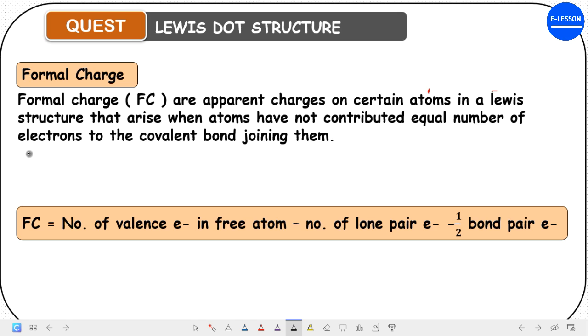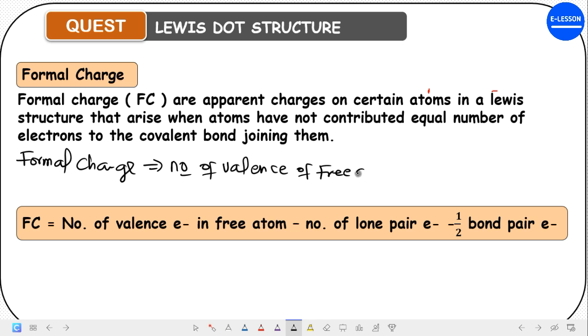Or we can say the formal charge, according to the formula I gave you before, is equal to the number of valence electrons of the free atom, that means before it came into bonding, minus the number of electrons in the Lewis structure. I believe that is that for that particular one.